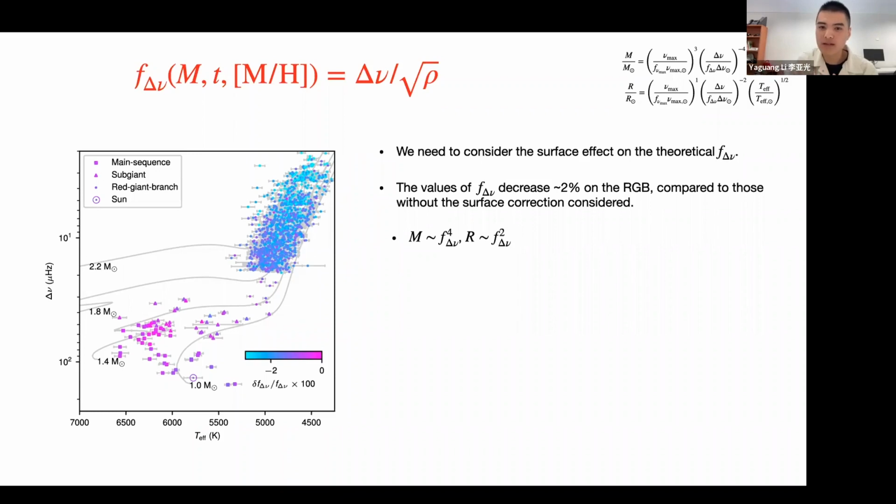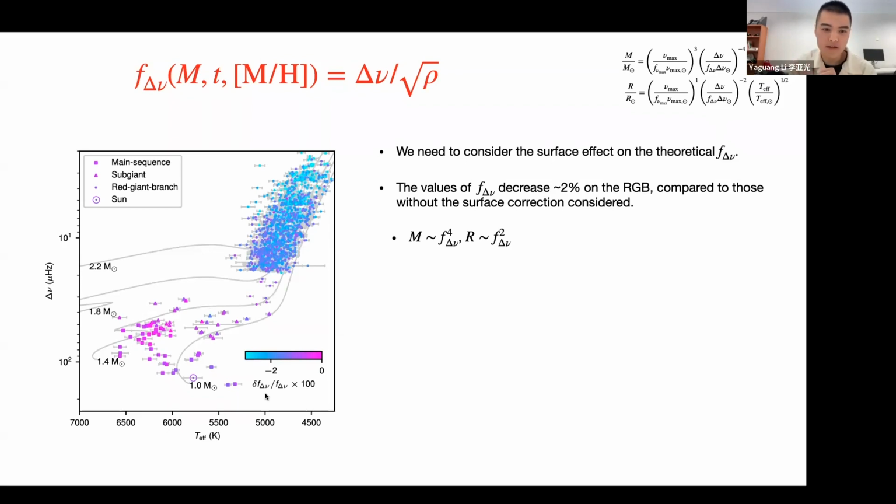In previous works, people didn't really have the ability to just pick a model and ask how much surface correction I need in order to bring these frequencies to reality. But now we can consider this surface effect on the theoretical F delta nu, because we can correct these theoretical oscillation frequencies. And so on the left-hand side, I showed the fractional change of this correction factor due to this newly considered surface correction.